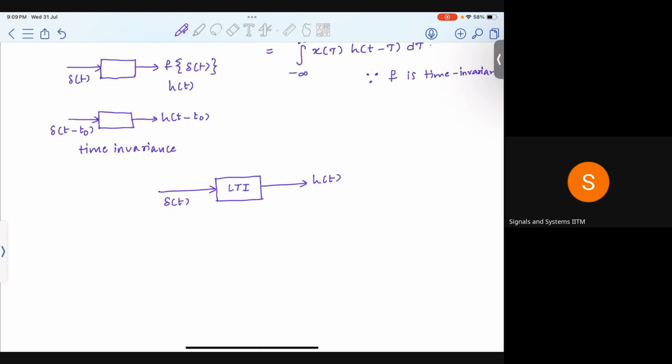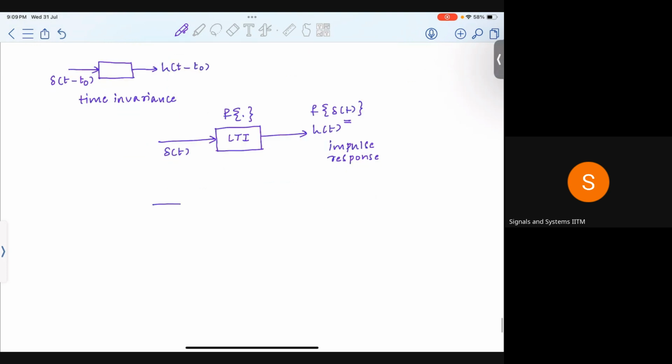So when we transmit del of t into an LTI system, f of del of t is equal to h of t. This we are calling the impulse response. When you transmit another signal x of t into an LTI system, we just saw that the output y of t is the integral from minus infinity to infinity of x of tau h of t minus tau d tau.